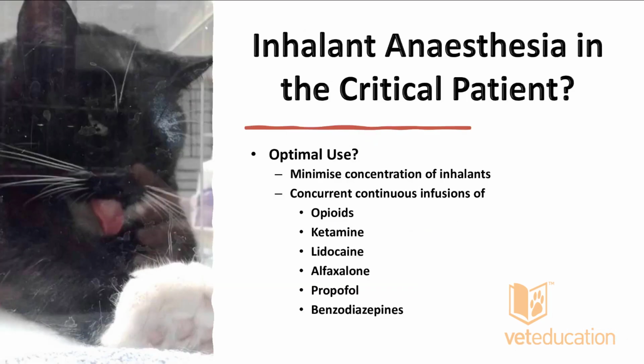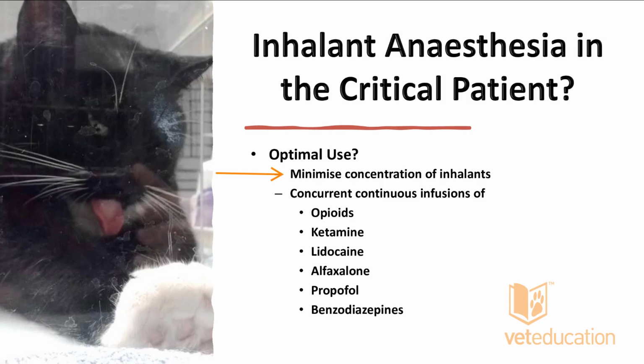So, having looked at all of that, when should we use inhalant anesthesia in the critically unwell patient? Well, I've written optimal use with a question mark. What I want to do in my patients is to minimize the concentration of my inhalant anesthetic agents to minimize the deleterious side effects.